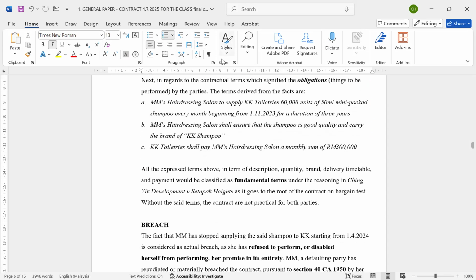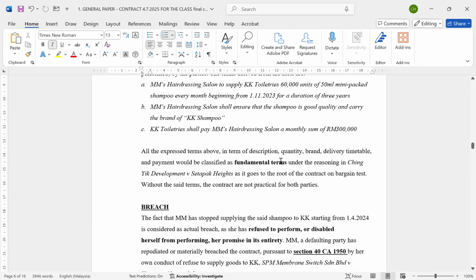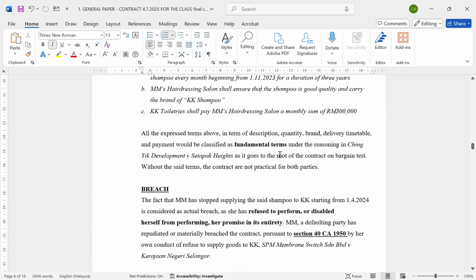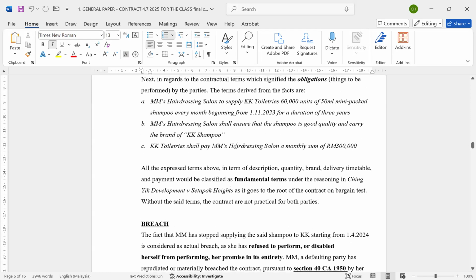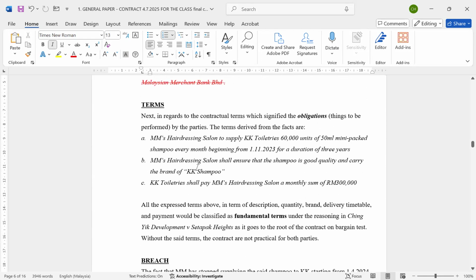And I will conclude that all these express terms in terms of the description, the quantity, the brand, delivery timetable, monthly, and payment will be classified as fundamental terms under the reasoning in Ching Development against Tapak Hai, as it goes to the root of the contract on bargain test. Okay, many of you may get confused.